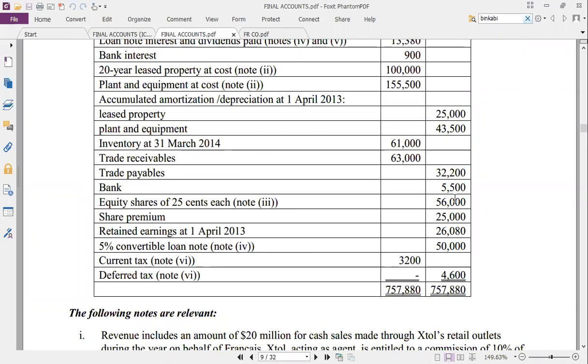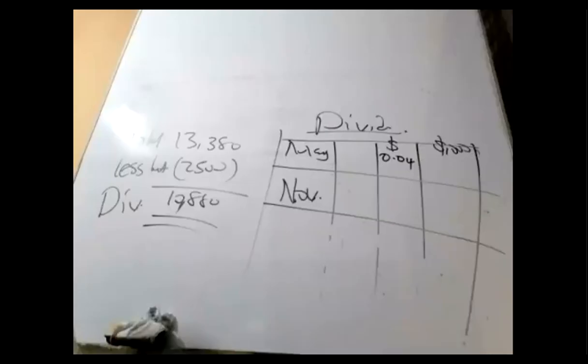If the total value is 56,000, then if I divide 56,000 by 25 cents, I should arrive at the number of shares. Okay, so the number of shares after the right issue will be 56,000 divided by 25 cents.